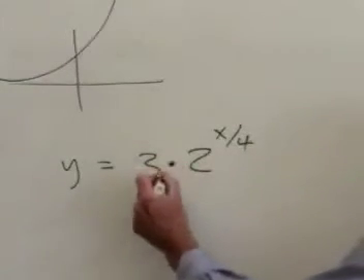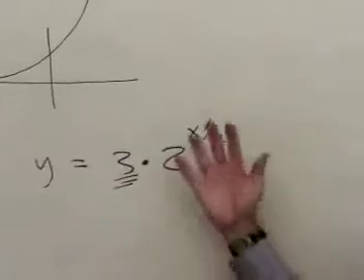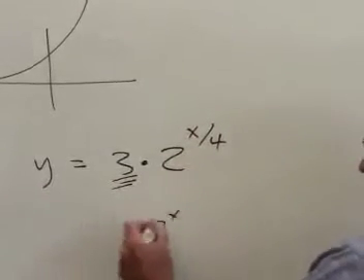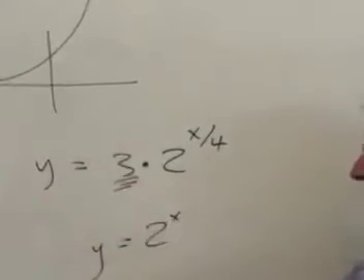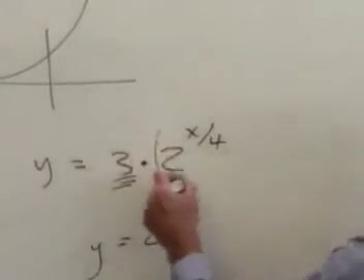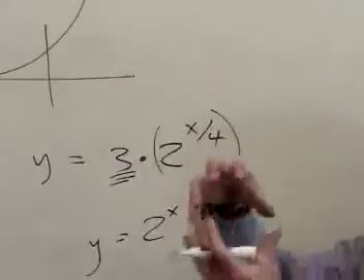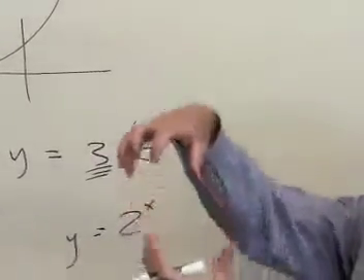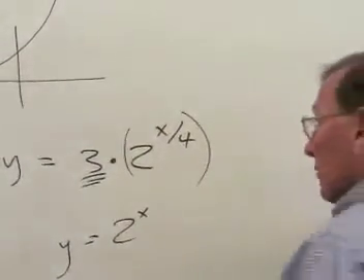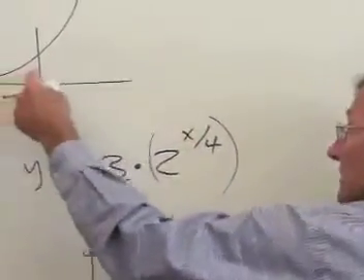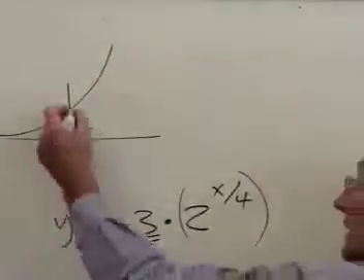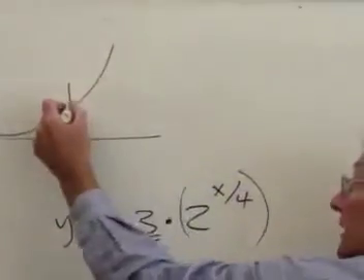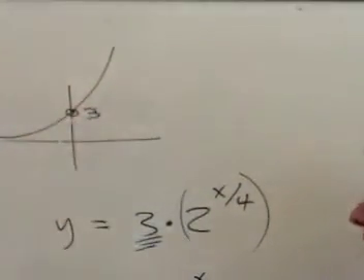First of all, what does this do? Well, I'm multiplying the original rule, 2 to the x, the parent function, by 3. But I'm multiplying it outside of the rule, which will take the original function and stretch it by 3. So if that's 2 to the x, multiplying by the coefficient of 3 will stretch it vertically, meaning that this intercept is now at 3.